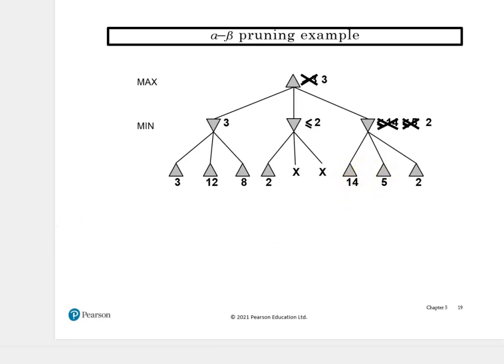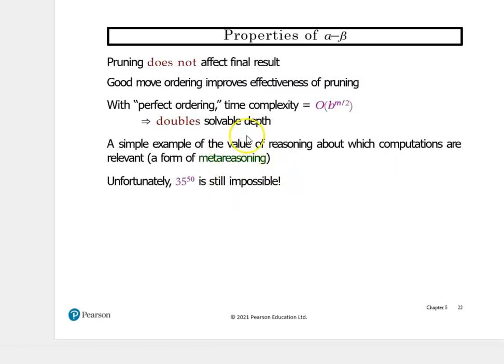So ordering the moves can make a difference to speed up. If we have perfect ordering, then we're cutting the time complexity to b to the m over 2. But it's still, for a game like chess, that would end up being 35 to the power 50, which is still impossible.